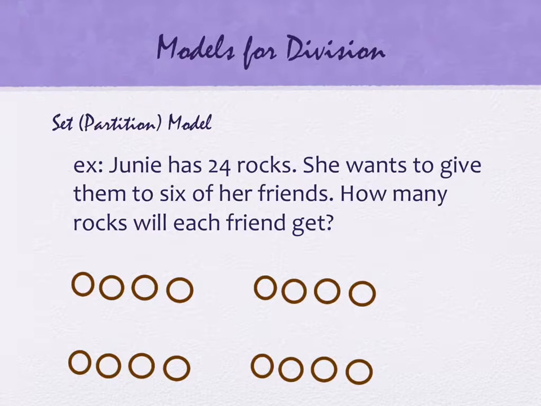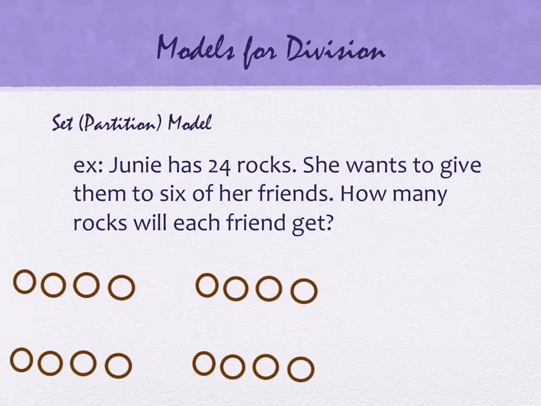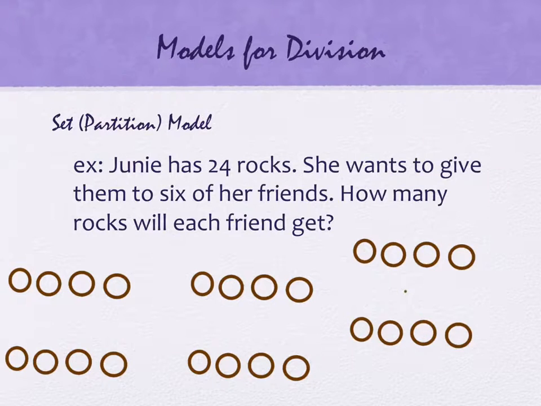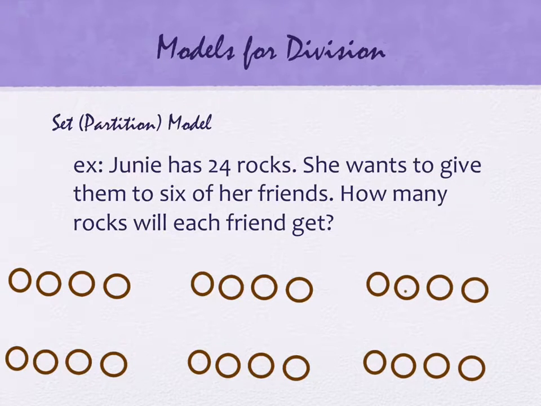There's 4 groups. All right, I have my 6 groups of rocks, and I didn't draw them in the same way I described them, but you heard what I said, which was that they would each get 1, they would each get a second one until you've used up all your rocks. And when you're all said and done, you'd have 6 friends with how many rocks each? 4 rocks.